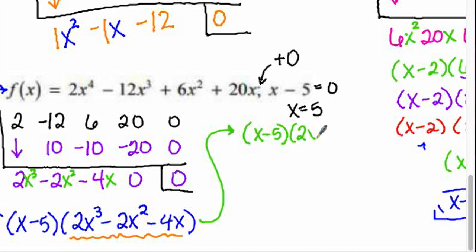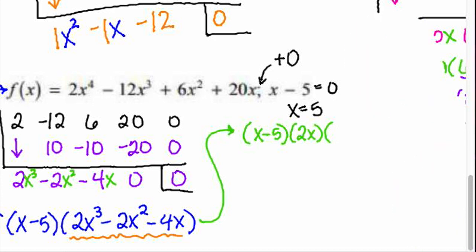So pull out that 2x. And then what that leaves me with, if I divide all three of these terms by 2x, 2x cubed divided by 2x is x squared. Negative 2x squared divided by 2x is negative x. And negative 4x divided by 2x is negative 2.